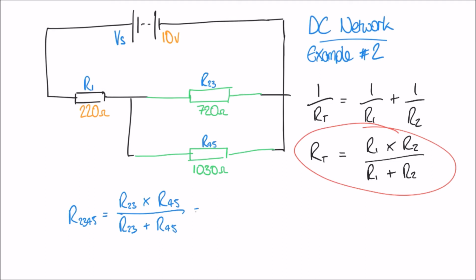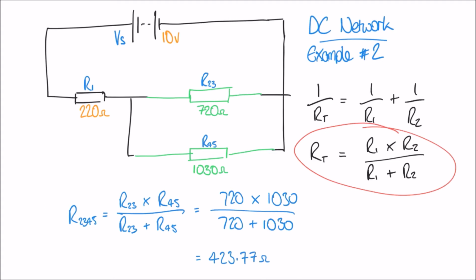Let's plug some numbers into that equation. R23 is 720 times 1030 over 720 plus 1030. If I calculate that, I get an answer of 423.77 ohms.